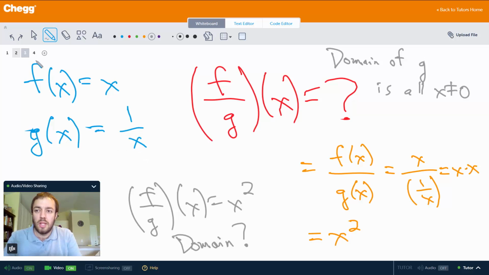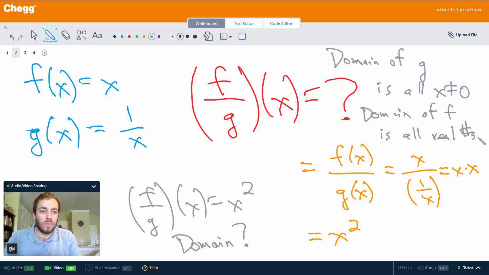And what's the domain of f? The domain of f is all real numbers, so it doesn't give us any restriction that we need to pay attention to. The only thing that's really important here is the domain of g, because for the domain of g, we do have a restriction.